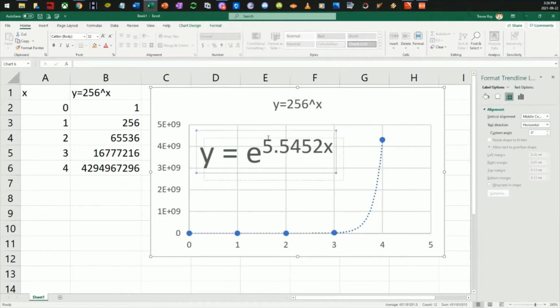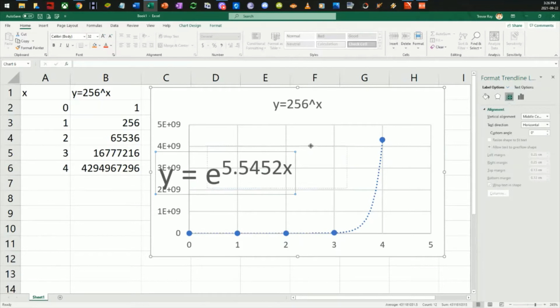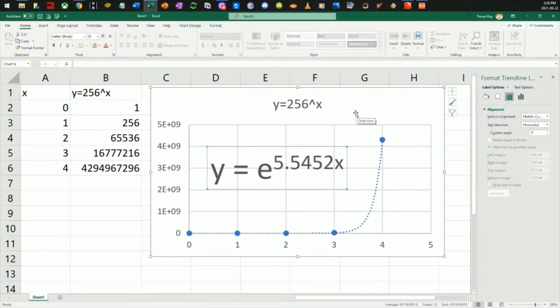Okay, so what does it say? It says y equals e to the 5.5452x. Now the reason it's choosing e is because even though I made the function based on 256 to the exponent x, Excel has no way of knowing that those numbers came from a base of 2 with an exponent of x. It could be literally any base.